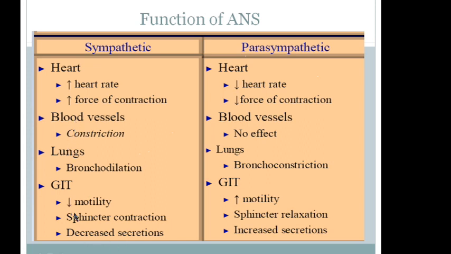The sympathetic nervous system prepares your body for fight and fear. So there is decreased motility, sphincter contraction and decreased secretion. But in parasympathetic, in the GIT, there is increased motility, sphincter relaxation and increased secretion.